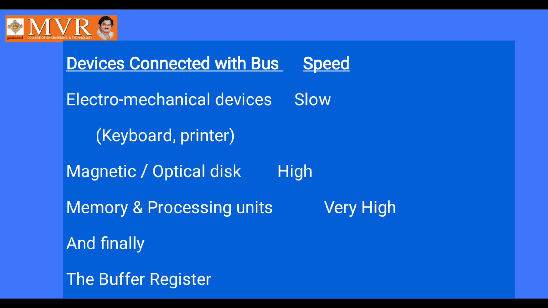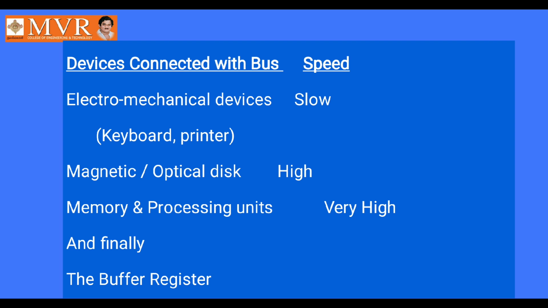If a parallel device is transmitting 16 bits of data, perhaps a printer is receiving only one bit at a time. During that time, this group of buffer registers will store the 16-bit data in 16 buffer registers, and it will be transmitted one by one to the printer.